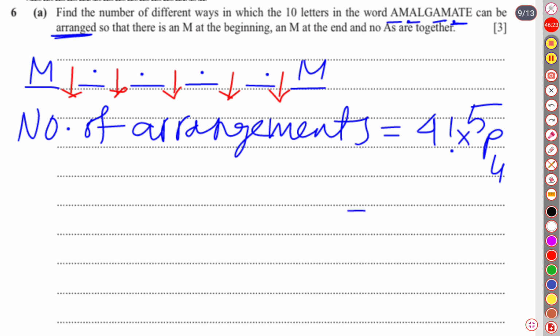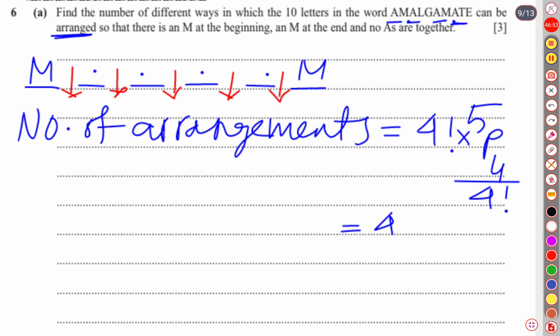So if we simplify, 4 factorial into... and there is one more concept we are going to apply. As all of these 4 A's are identical, for identical letters we always divide by the same number's factorial. There are 4 identical A's, that's why it should be divided by 4 factorial.